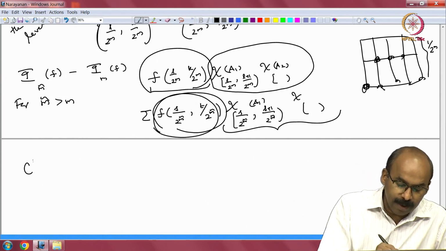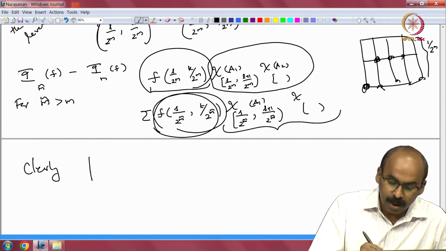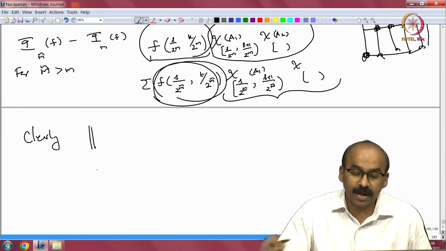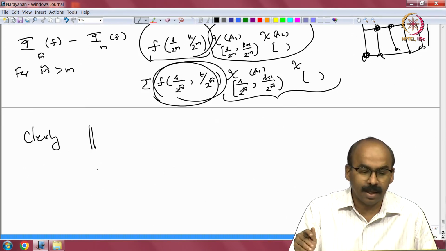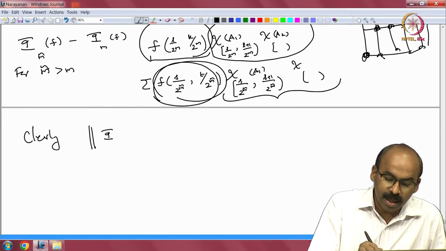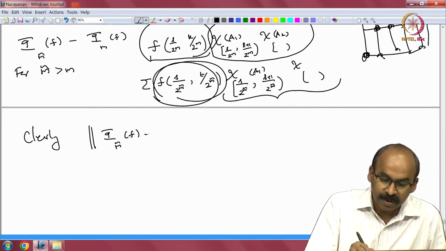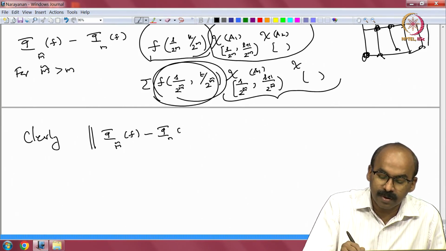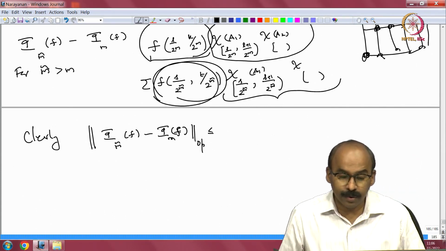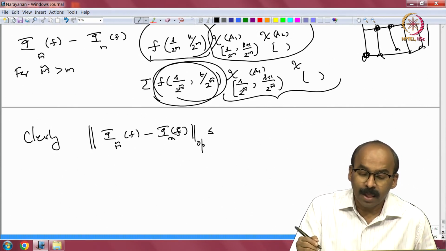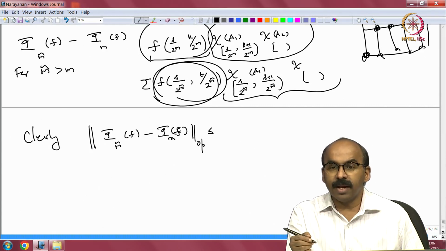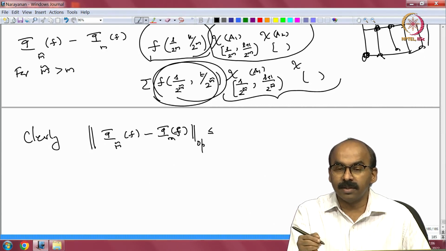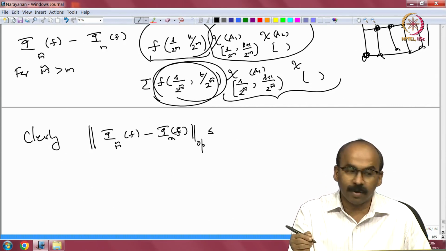So, clearly the operator norm, because whatever is remaining are projections and they will add up to identity just like the single variable case. So, phi m tilde f minus phi m f, the operator norm will be less than or equal to, when I subtract, I am looking at the difference of the function value, where these points where the function is evaluated are in a small square of side length 1 by 2 to the m, right.